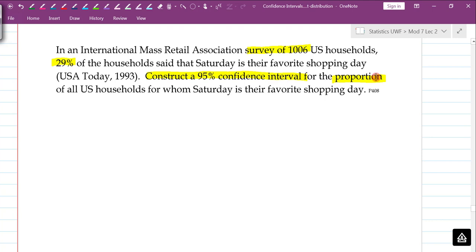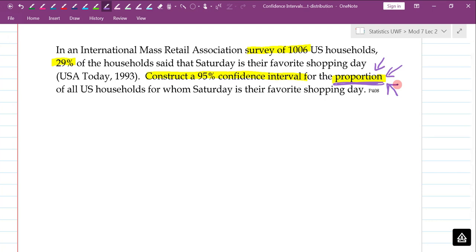Okay, first thing I want you to notice, it says proportion. This right here tells me that I am doing a confidence interval about P, okay, because it says proportion, okay? I don't want you to be one of the few students that comes to final is trying to do sample mean on problems like this, okay? Pay attention to the wording and know what it means.